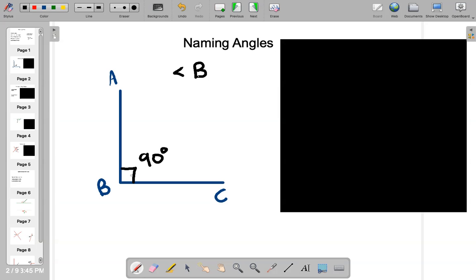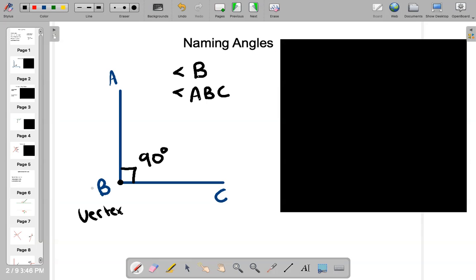However, there are lots of times when we have multiple angles that both use the point B. So we could call it 3 letters that create the vertex of B. So I could call this angle ABC, with the center point being that vertex, that center point that actually determines the measure of the angle. But I could go the opposite direction as well.